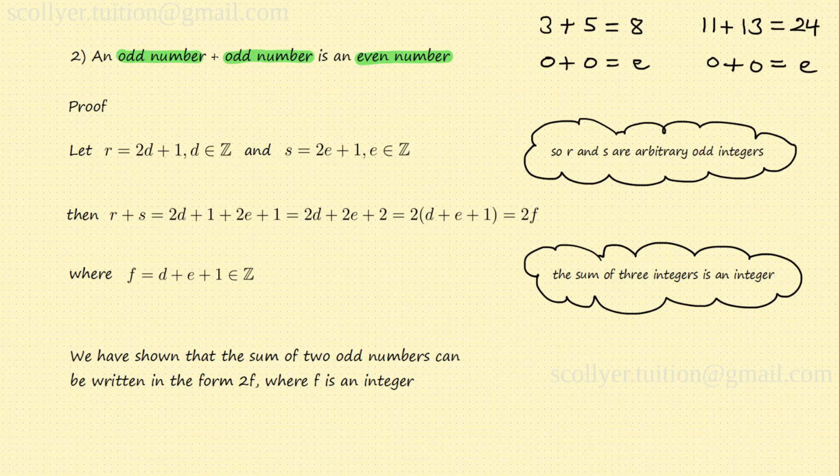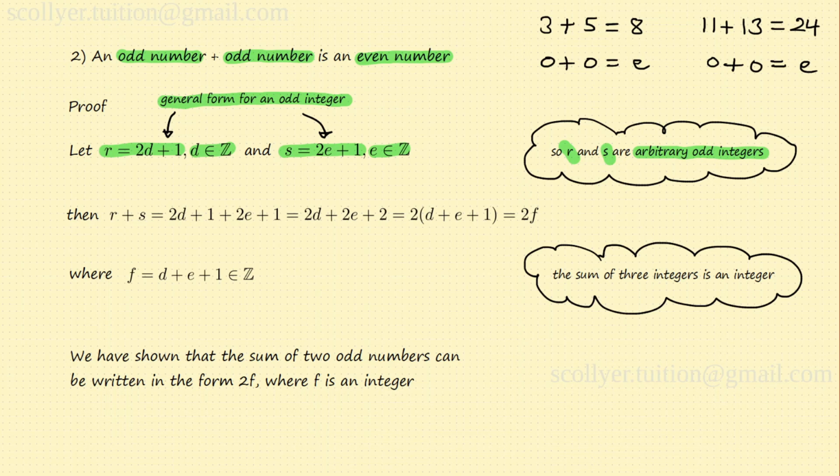So to prove this fact, we take r and s, which we define as arbitrary and potentially different odd integers, and we define them as follows. r equals 2d plus 1, where d is some integer, and s equals 2e plus 1, where e is some integer. And here we are relying on the fact that 2d plus 1 and 2e plus 1 follow the general form for an odd integer.